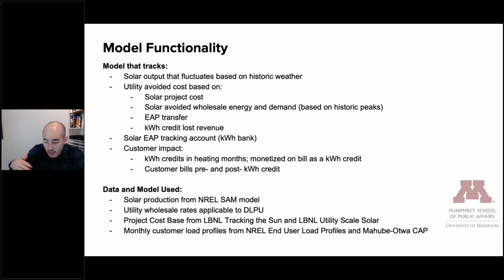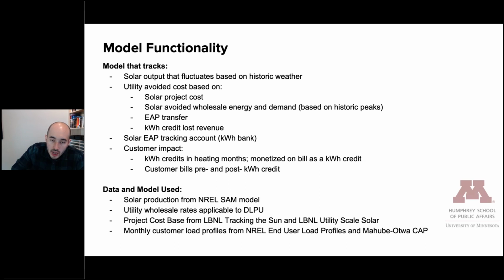So we're really looking at now hourly solar production over several years of historic weather data to calculate that variable value. And so then we're able from there to calculate the avoided wholesale energy and demand costs and the overall, therefore, value to the utility.